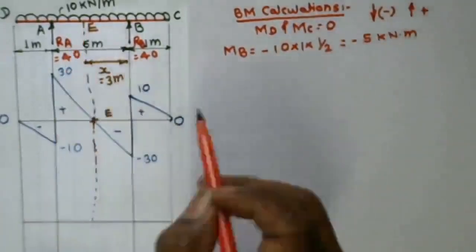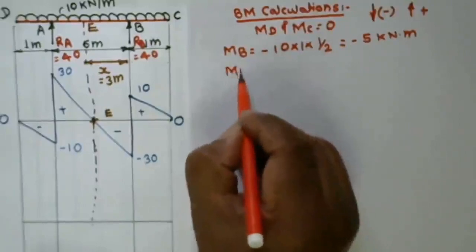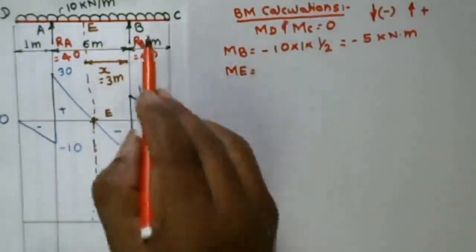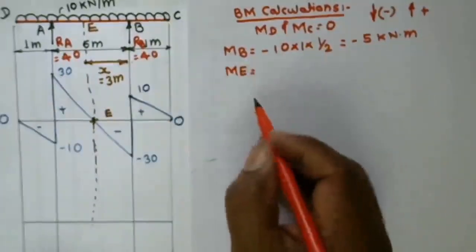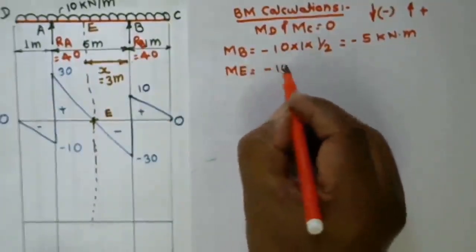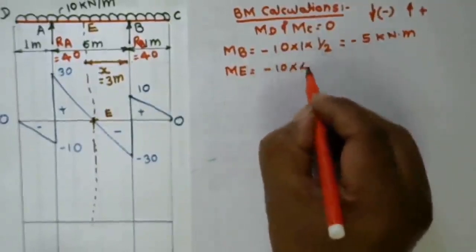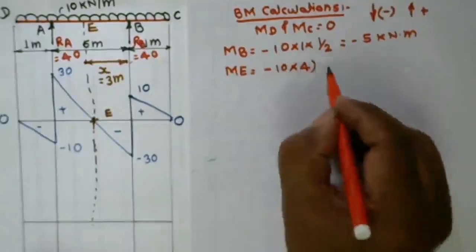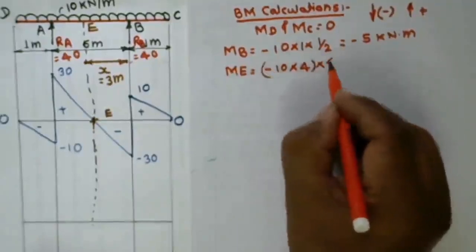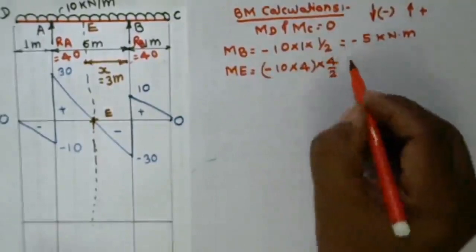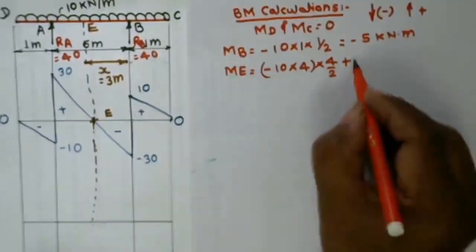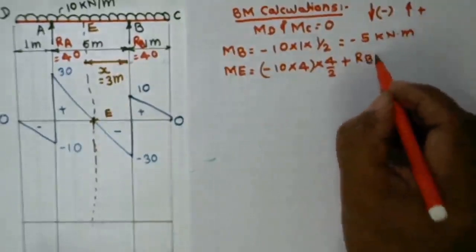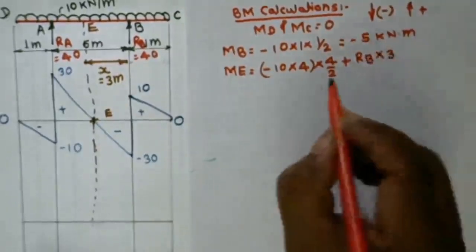Our next point is E. So bending moment at point E, consider this span only, right hand side, EC span, and start from right to left. So minus 10, span is 4 meter, this 3 meter and this 1 meter, it becomes 4, and it is acting at the center, so 4 by 2, plus RB acting in upward side, so moment will be anti-clockwise, so plus RB into its distance 3.